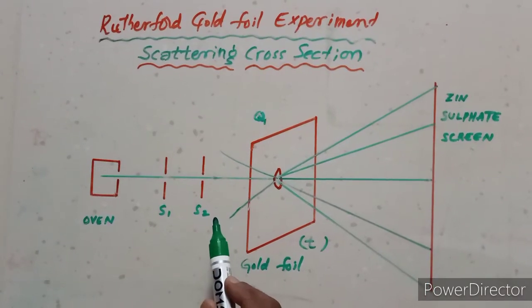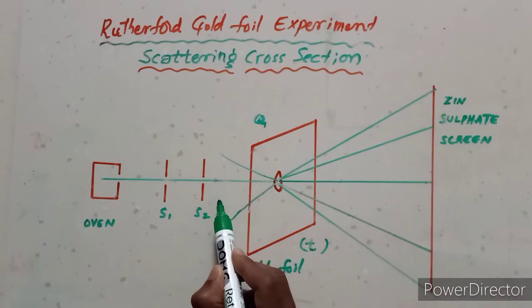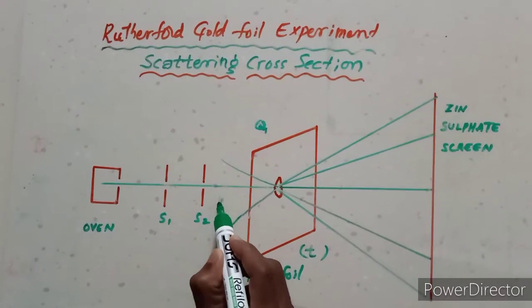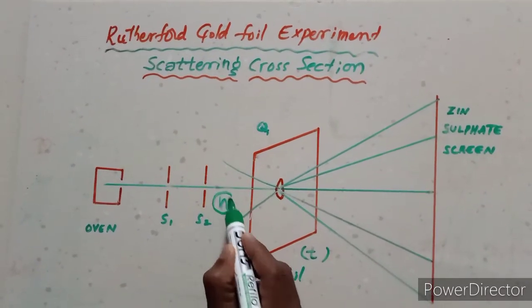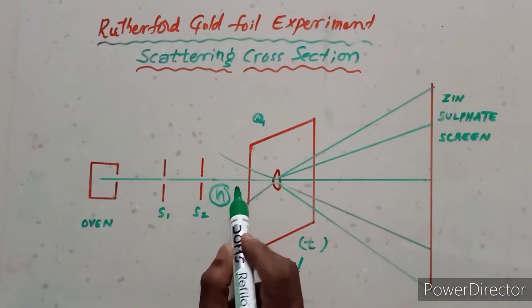In this experiment, n number of alpha particles are produced from the electric oven.